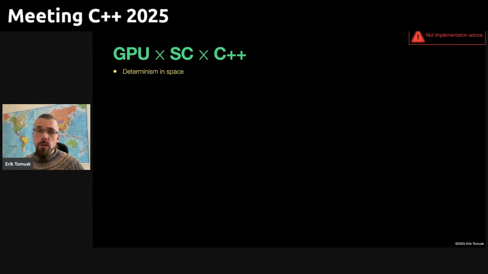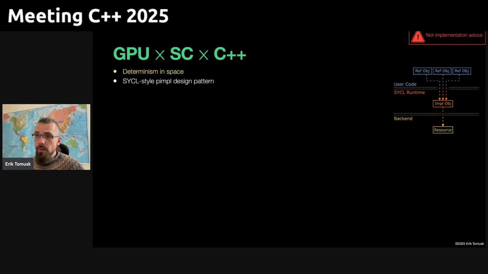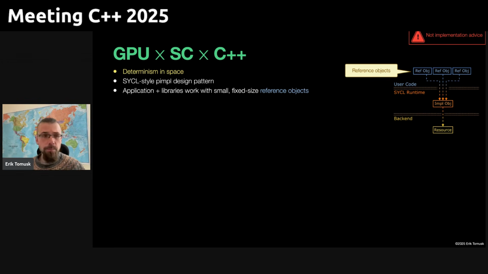So first off, we can look at the problem of determinism in space. That is the resource footprint that our applications might have. And here it's helpful to go back to the SYCL-style pimpl design pattern and look at the ways that can help in the safety-critical space. With the SYCL pimpl pattern, the application and any libraries it might be using are using these reference objects.